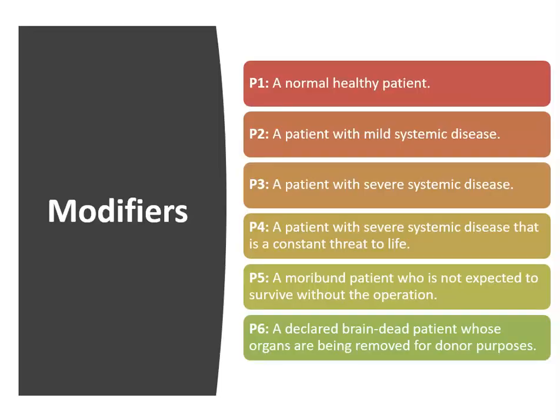All right, there are modifiers that are utilized specifically with the anesthesia section. These modifiers are located in your CPT manual anesthesia section. And we actually have 2 types of modifiers. So first, from the CPT manual, we have what are known as physical status modifiers.